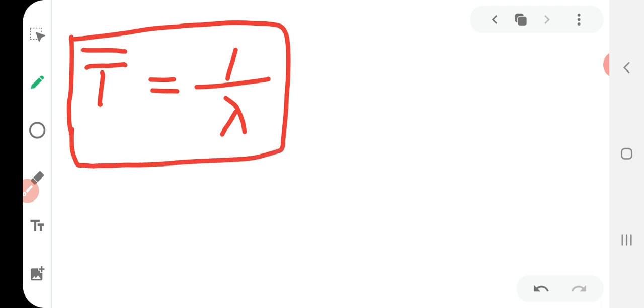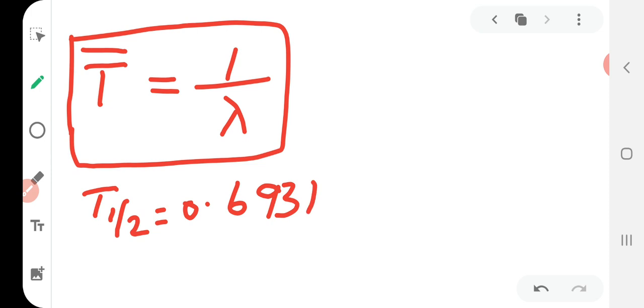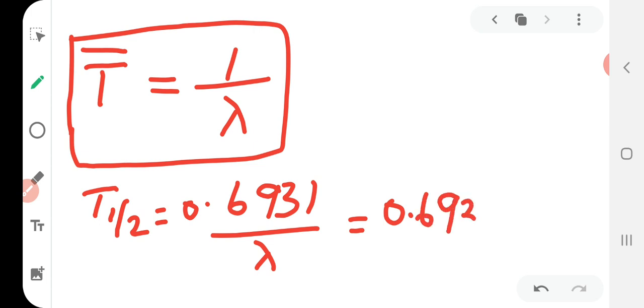And the expression for half-life period, T half, is equal to 0.6931 by lambda. This can be written as 0.6931 into 1 by lambda, and 1 by lambda is t bar.